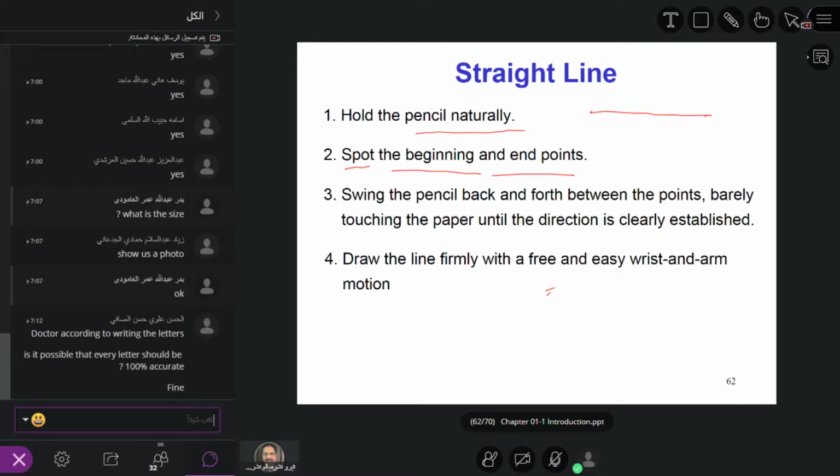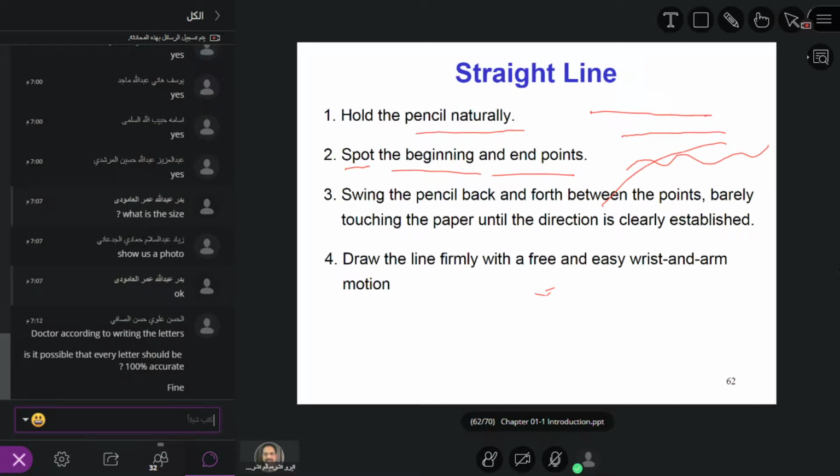If it's a straight line, draw a straight line approximately, but don't draw it like this, which is not a straight line. So I cannot give specific instructions for freehand sketching, because it depends on person to person. But anyway, these guidelines will help you more or less to make a good freehand sketch.